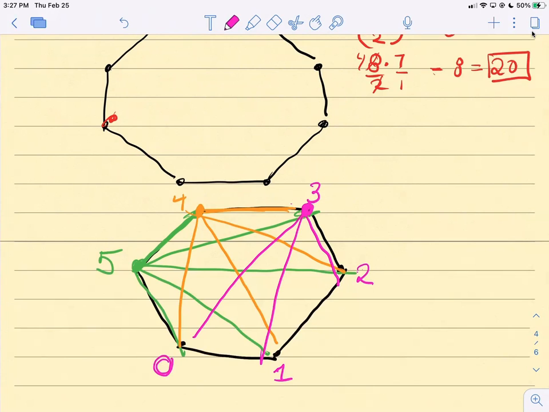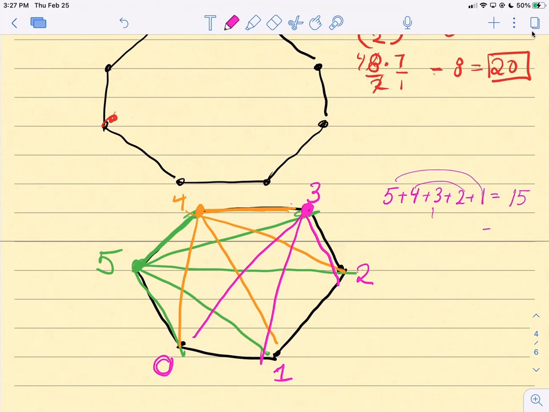So if you count them like that, what you observe is 5 plus 4 plus 3 plus 2 plus 1. If you add up all these numbers, what you get is 15. So you could have also gone 15.